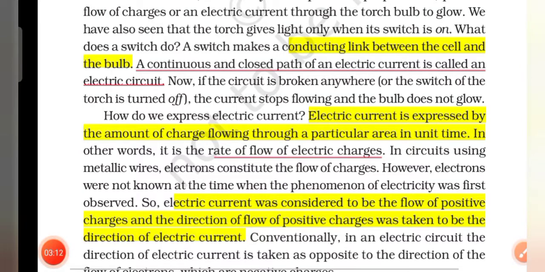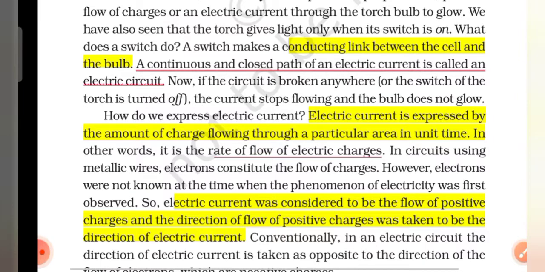Now the next question is, what is the SI unit of current? The SI unit of current is ampere, and you have seen the SI unit of charge is Coulomb. The SI unit of current is ampere, and it is denoted by capital A. 1 ampere is equal to 1 Coulomb per second. In 1 ampere, 1 Coulomb of charge passes per second.